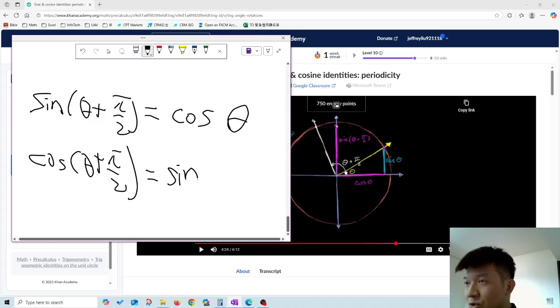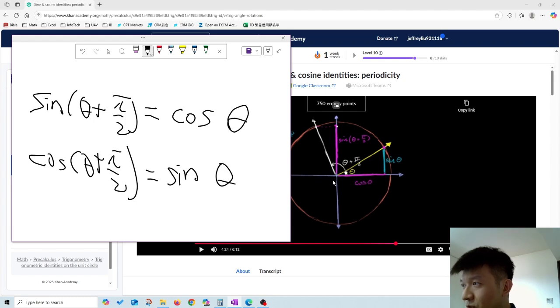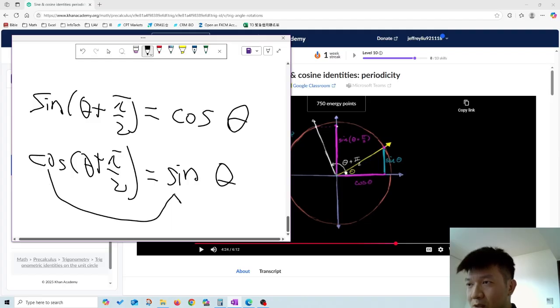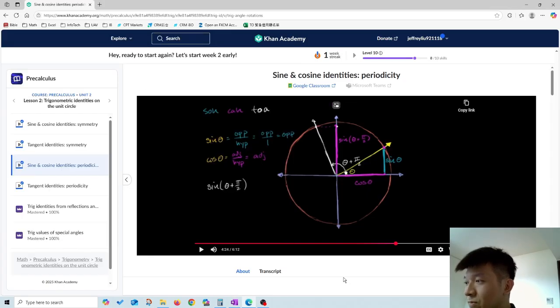So this side can be put back to here, this side right here. So for theta plus pi over 2, you see how it's opposite, right? Sine becomes cosine, cosine becomes sine, and that is the identity for theta plus pi over 2, right?